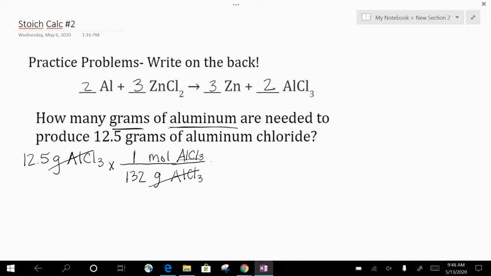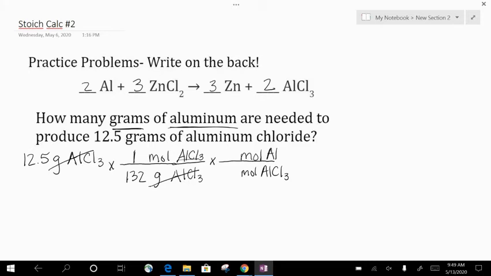So my next step would be the mole ratio step, where I'm going to convert from moles of aluminum chloride into moles of my target substance, which is just aluminum. For this step, this is where the balanced chemical equation comes into account.